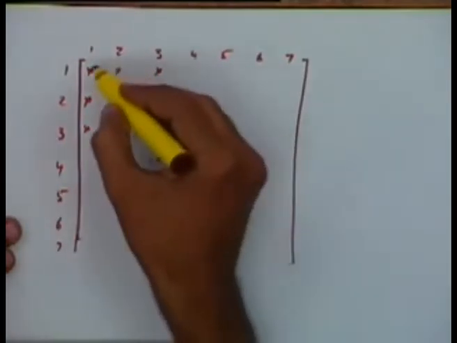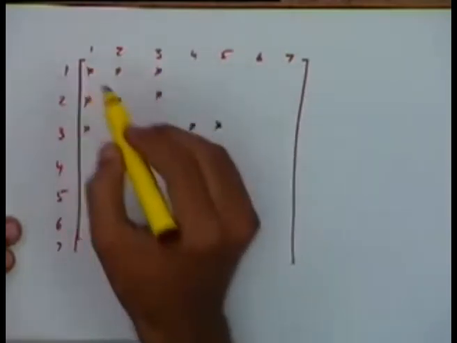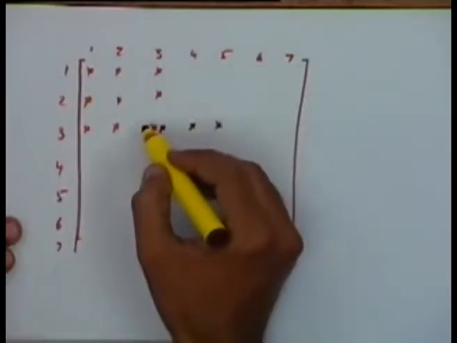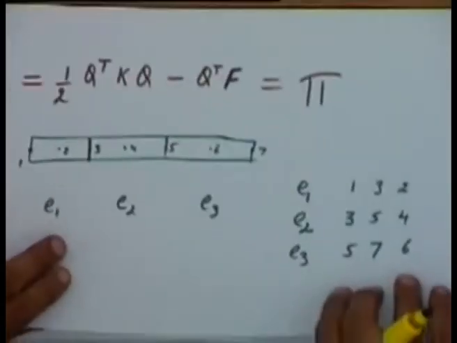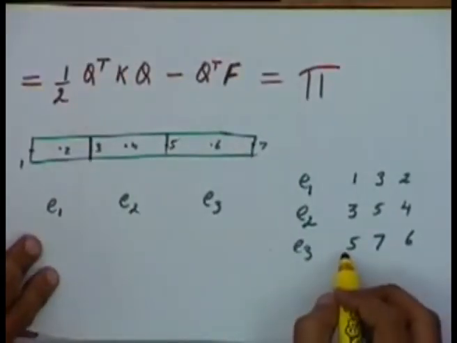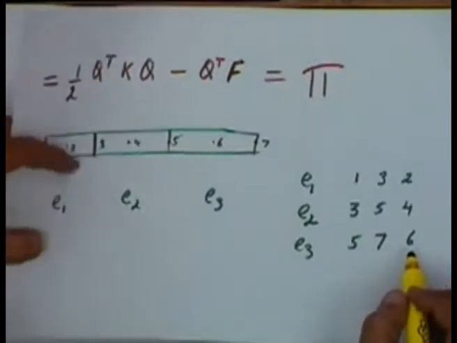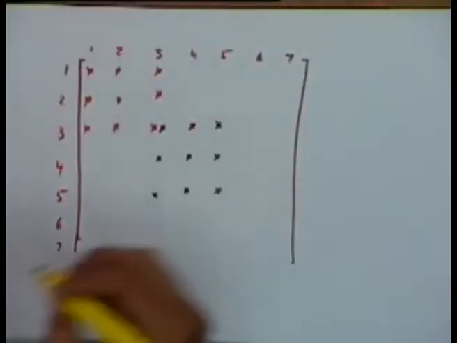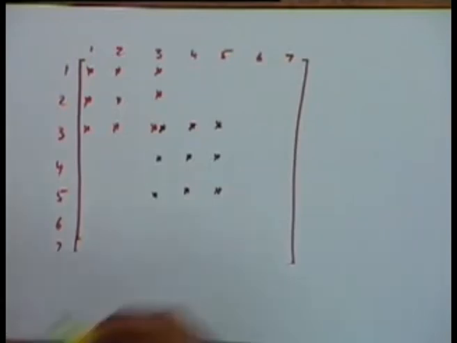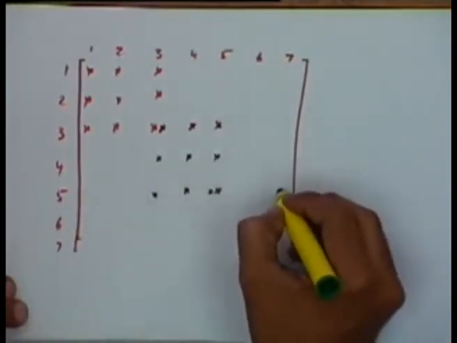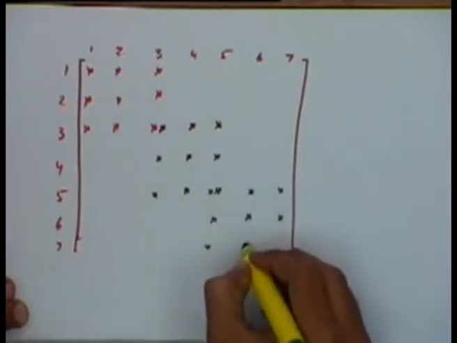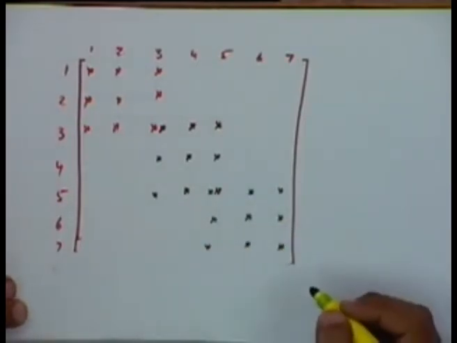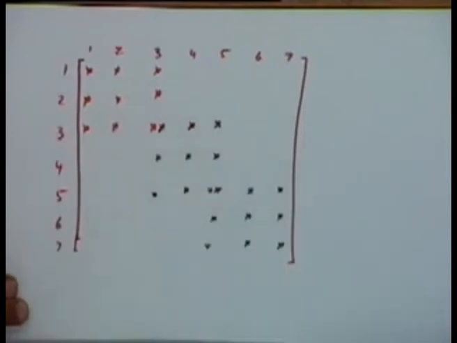The stiffness matrix for the first element will take these 9 locations, the second element will take these 9 locations, and the third is 5, 7 and 6, so it will take 5, 7 and 6, and so on.